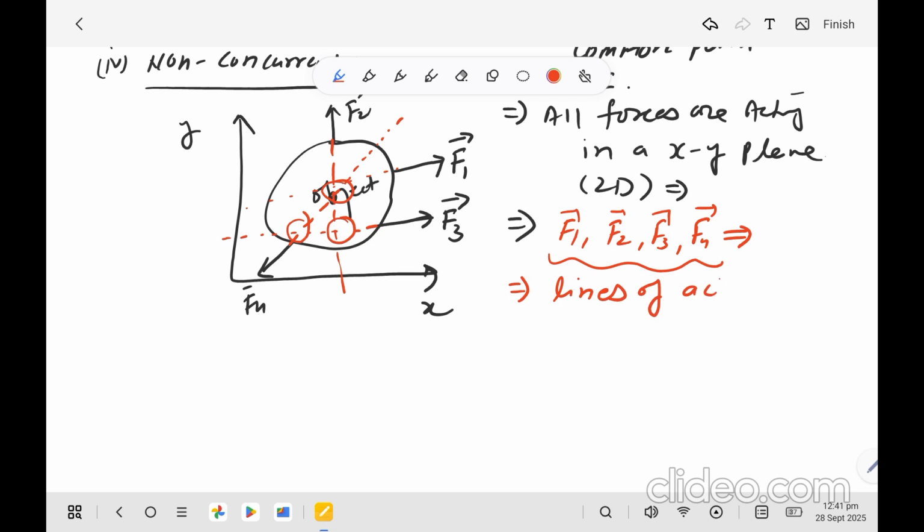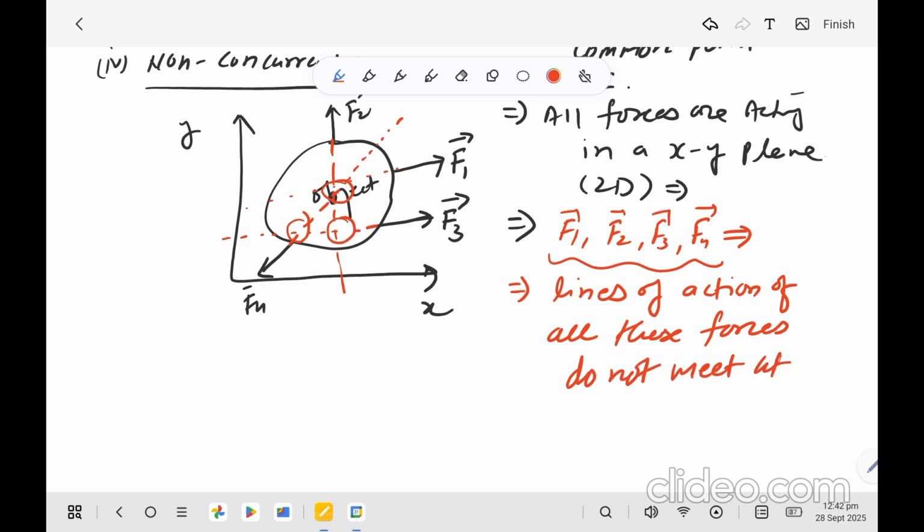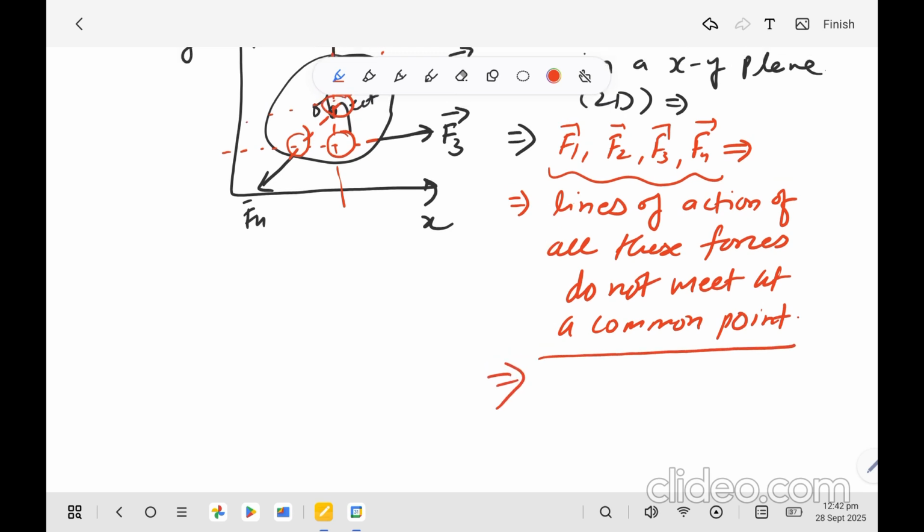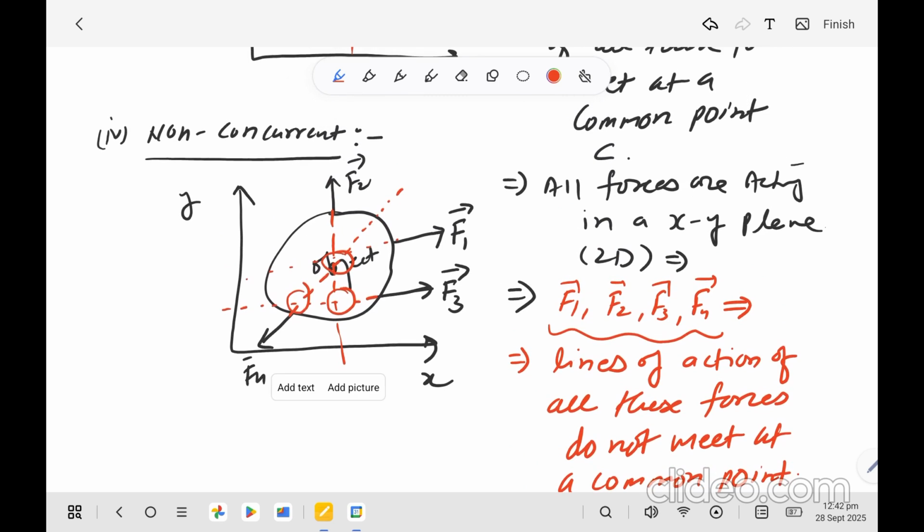So the lines of action of all these forces do not meet at a common point. Now in this case, the group of forces we call a non-concurrent coplanar system of forces.